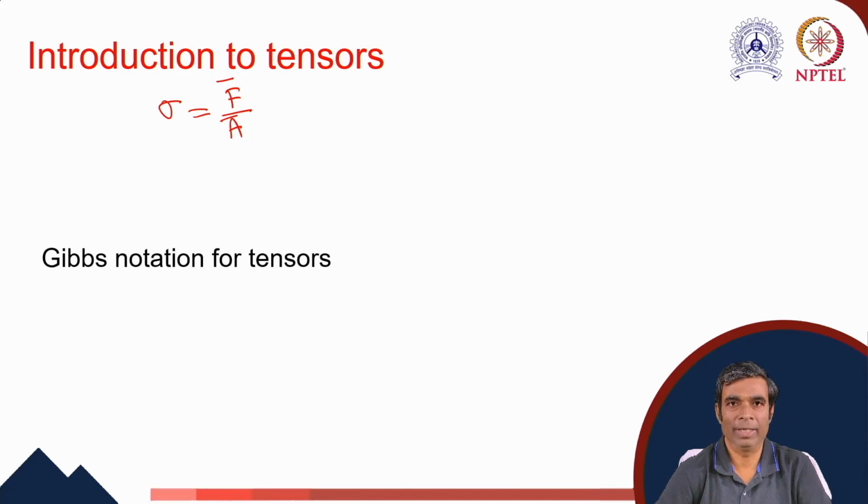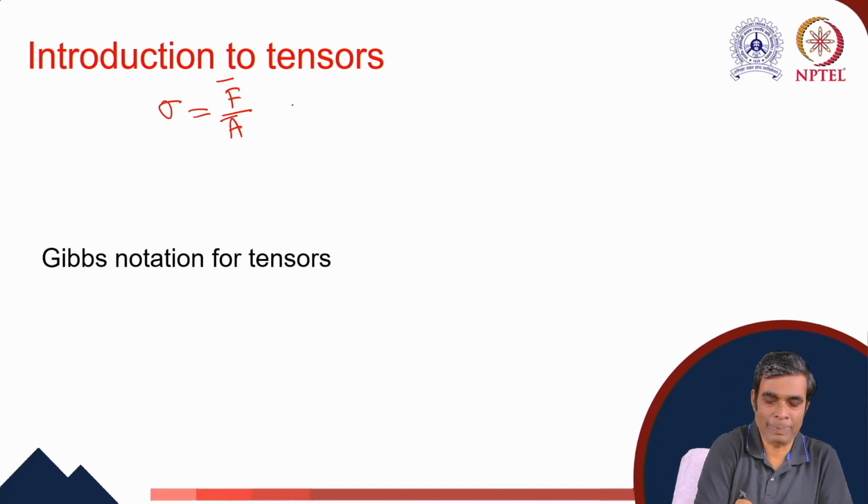So in the definition of stress tensor, we divide a vector by another vector, but the division of two vectors is undefined, and similarly we shall show later that division of two tensors is also undefined. In such cases, we can rewrite this expression as F bar equals sigma A bar.